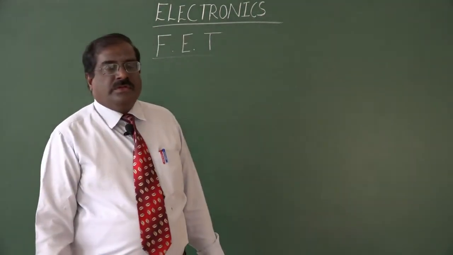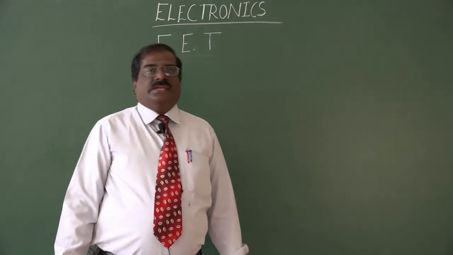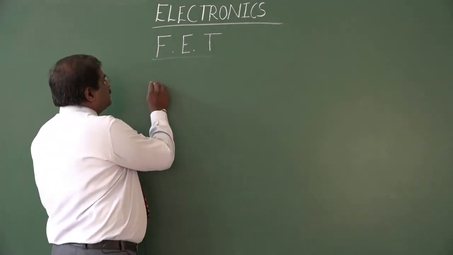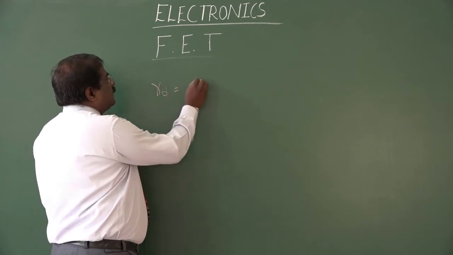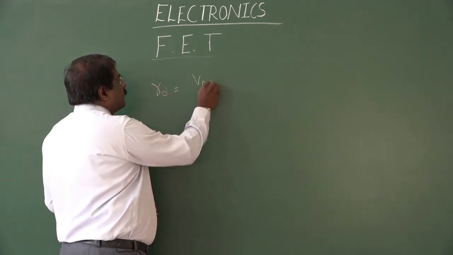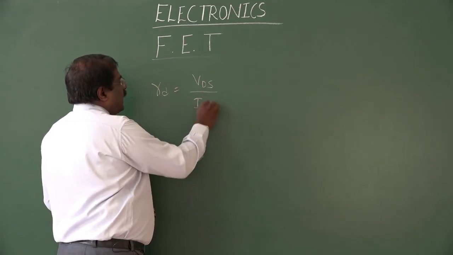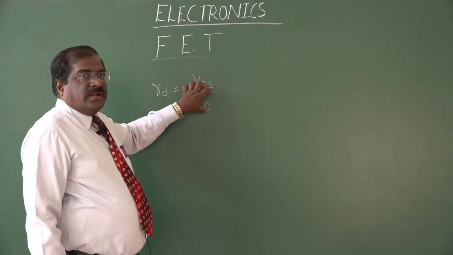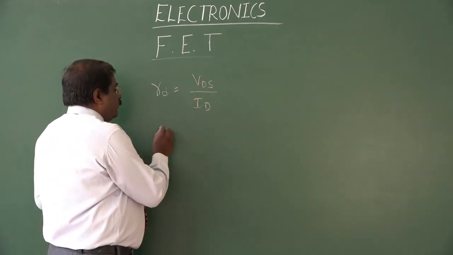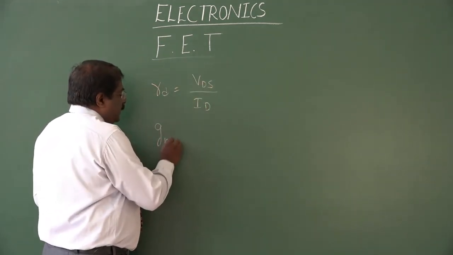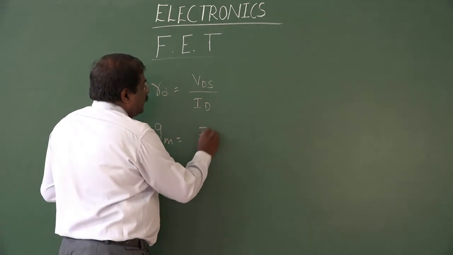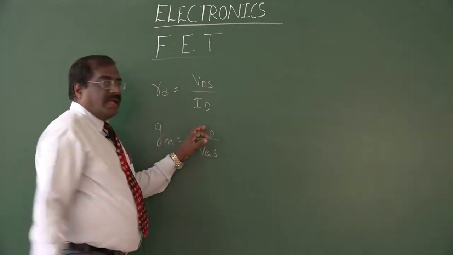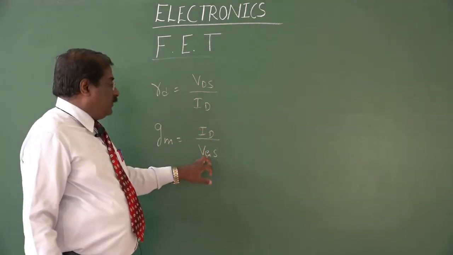Now we are going to discuss the formulas which come under the FET. One is the drain resistance RD, that is VDS by ID, the ratio of drain source voltage to the drain current. Another one is the transconductance GM, the ratio of change in drain current to the change in VGS.